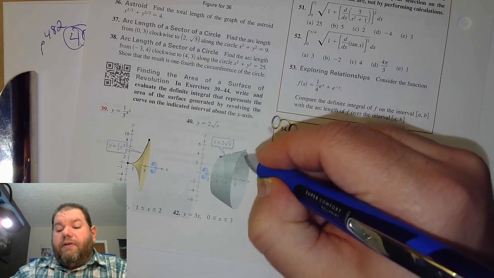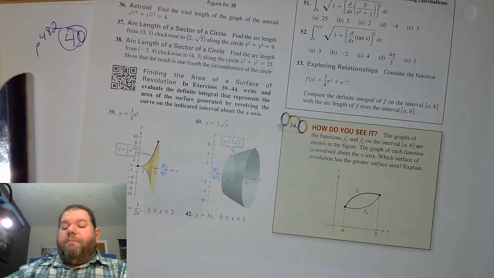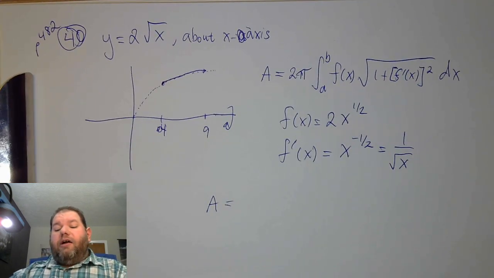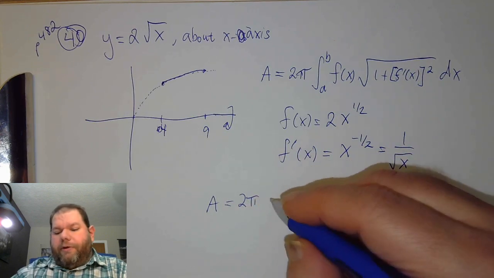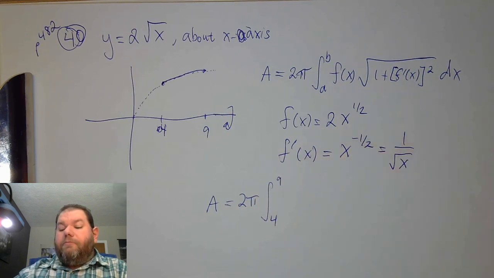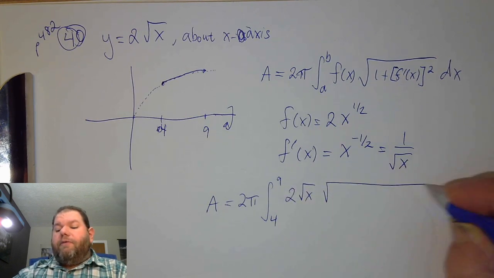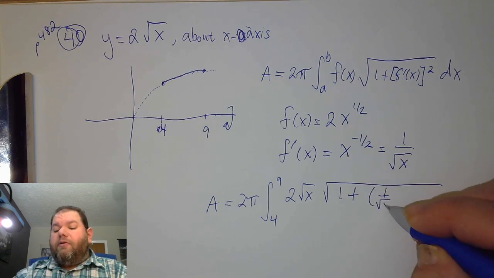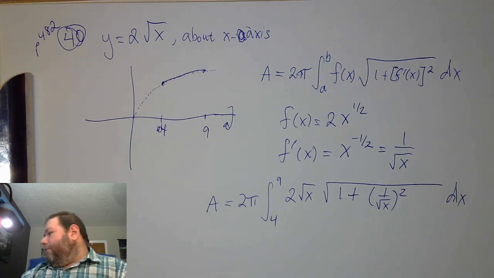This is where this dot is. I'm going to go with 9. Because we're working with square roots, 9 feels like it might be a better number anyway than 8, because at least 9 is a perfect square. I'm not sure if it works out in a way that allows us to exploit that, but anyway. So we have 2 square root of x, that's f of x, and then we have square root of 1 plus, and then f prime of x squared, and then dx.